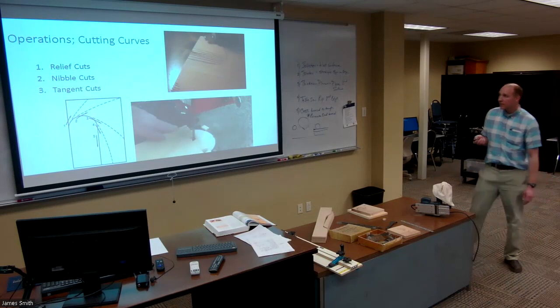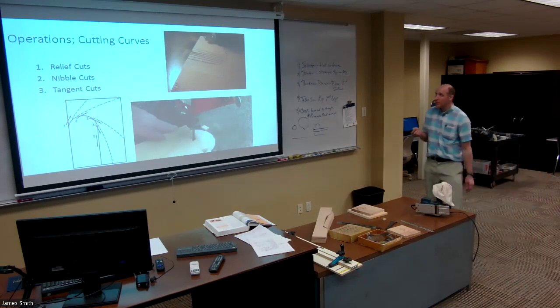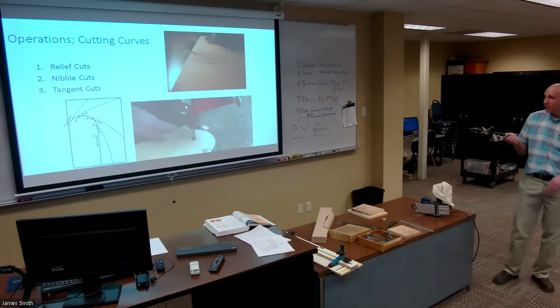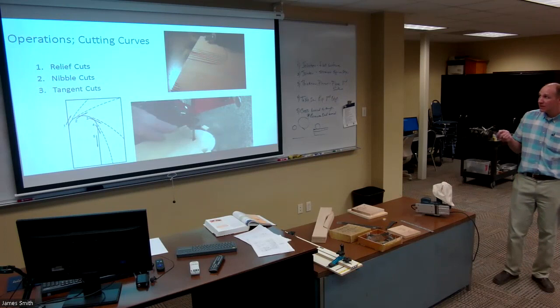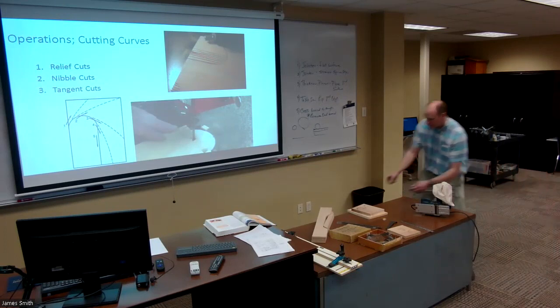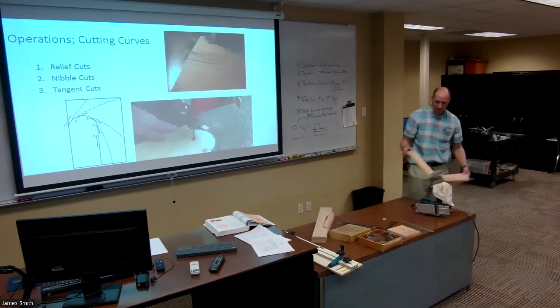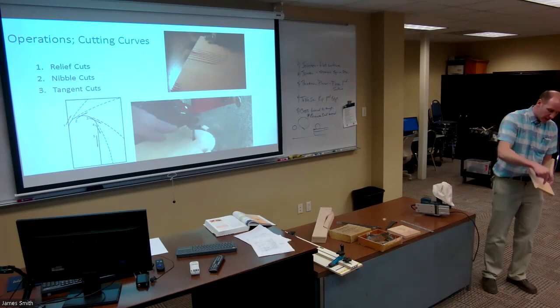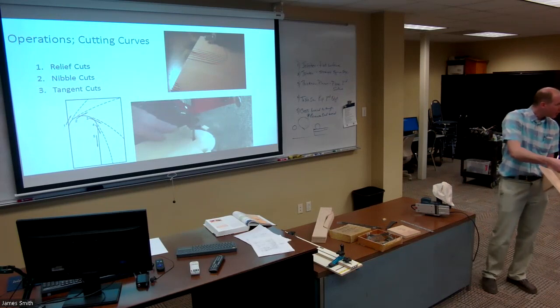This just shows some different strategies. If you want to cut a radius that's tighter than what your blade is able to do, you can create relief cuts. Again, this is an exaggeration, but with relief cuts, as you make each cut, those pieces fall away and allow you to turn.